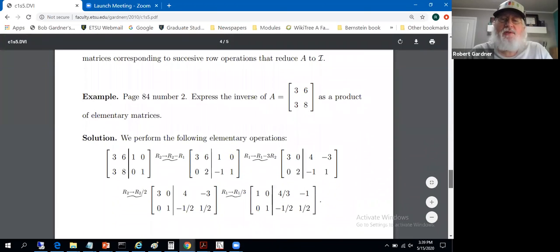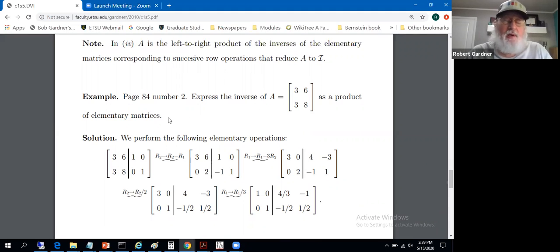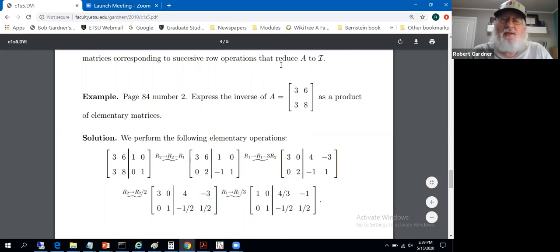Here's a 2 by 2 matrix, 3, 6, 3, 8. It says express the inverse of A as a product of elementary matrices. All right, I tell you what, let's write both A and A inverse as a product of elementary matrices to get straight this comment above about inverses and elementary matrices.